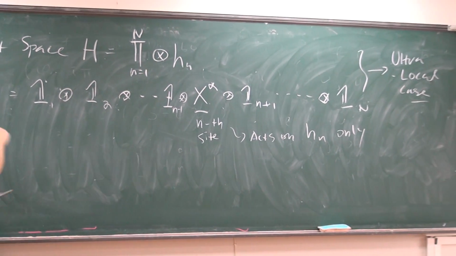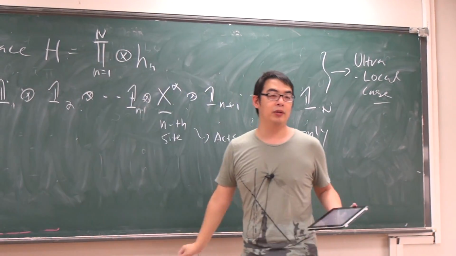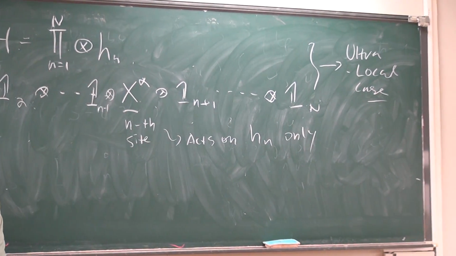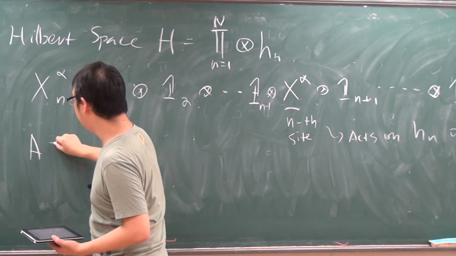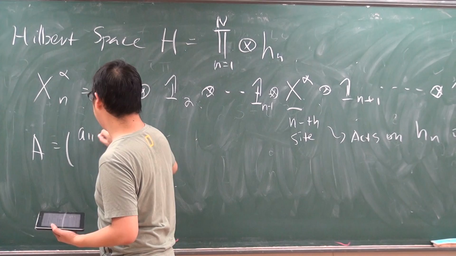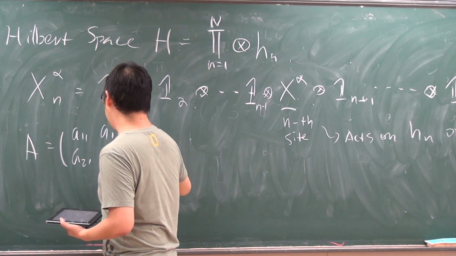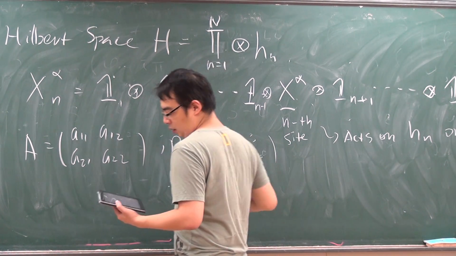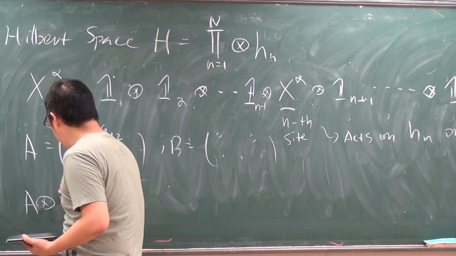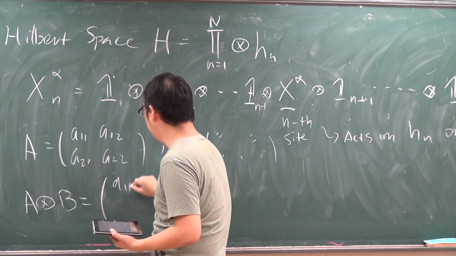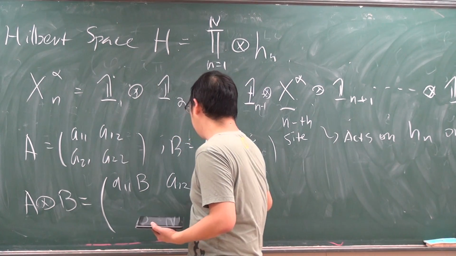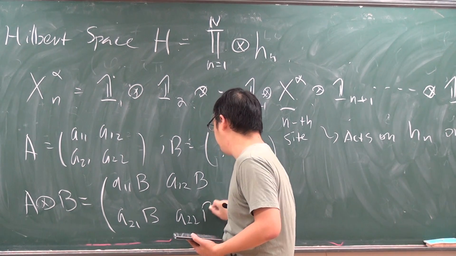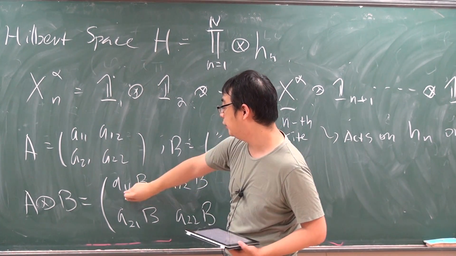So as a simple illustration, how many of you have seen tensor products? You have, right? So I'll just write it down for those of you who haven't. For example, given two matrices A, let's say 2 by 2, A11, A12, A21, A22, and B similarly with the labels. Then A tensor B is given by A11 B, A12 B, A21 B, A22 B. So B will be 2 by 2 matrices sitting here.